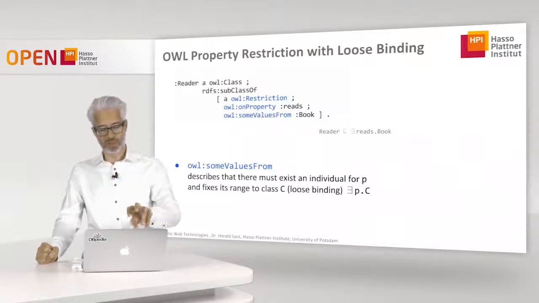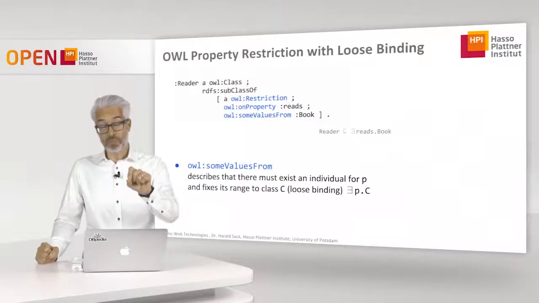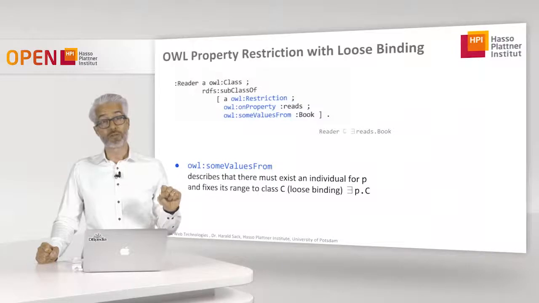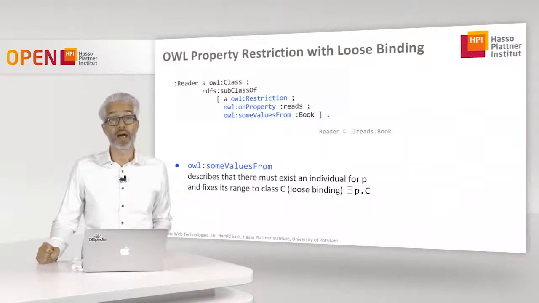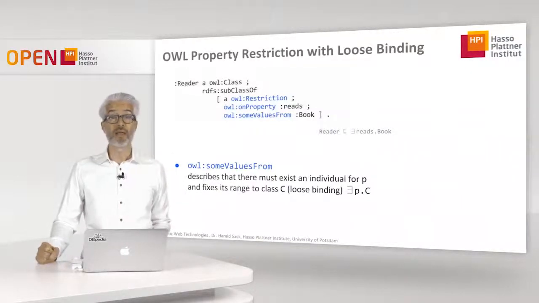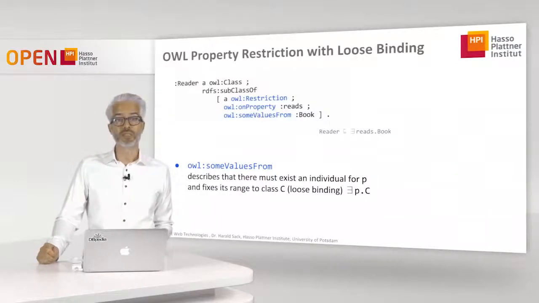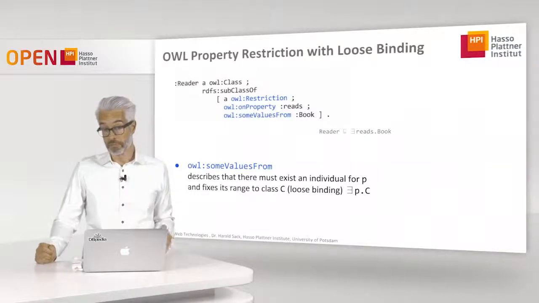The property here is now reads, and we say according to the range of that property, the restriction should hold for some values of the type book. So this is a loose binding that some values of the property reads must stick to the value of the class book. That's a loose binding.